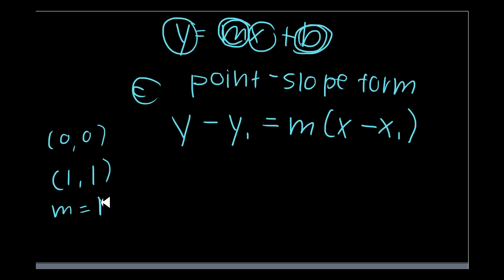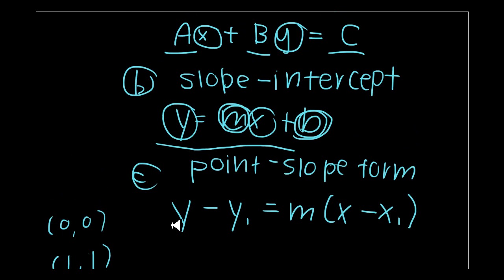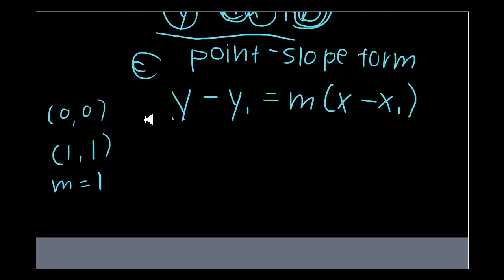With that, you can find the slope-intercept form. Actually, you only need one point. I'm sorry. Y is a variable, you don't know y, and I'll give you this point, that's 1. So y minus 1 equals the slope, which is 1, times x minus 1.